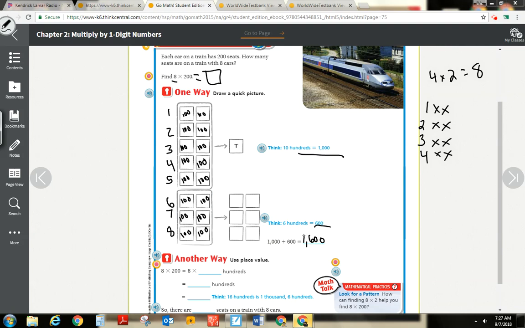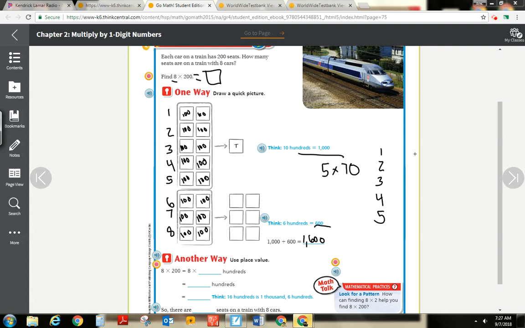All right? Now, this is a great way to solve a problem. We can do the same thing if our problem, let's say, is 5 times 70. So we would make 1, 2, 3, 4, 5 rows, and then for 70, I'm not going to put 70 X's in each row. That would take forever and would be super messy. But since this is tens, this is 7 tens.